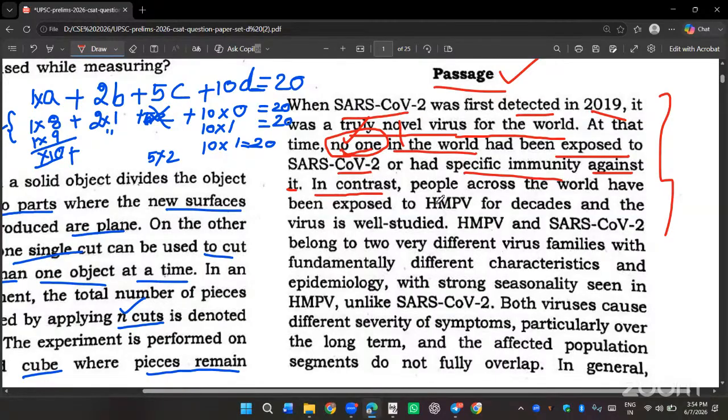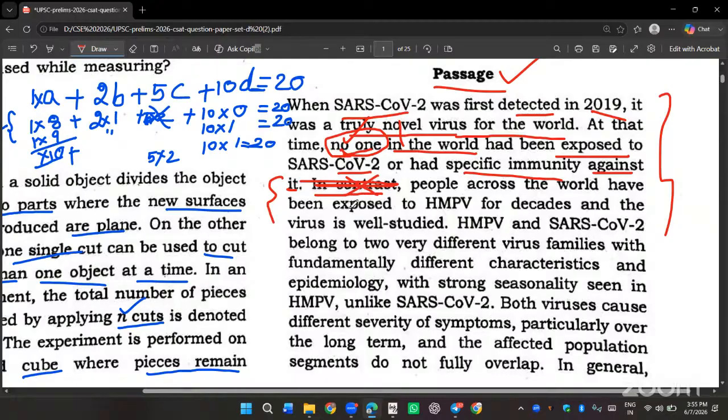Here, in contrast, means a difference between SARS-CoV-2 and HMPV. This statement, if I don't read this, if I erase this, then the meaning will be different. How? This is the way of attending the comprehension.